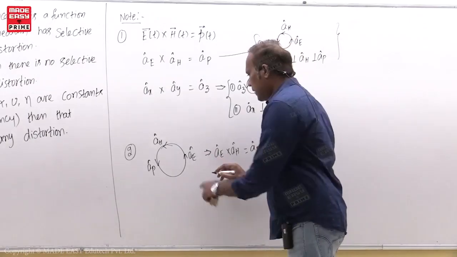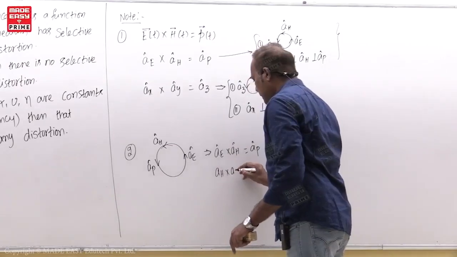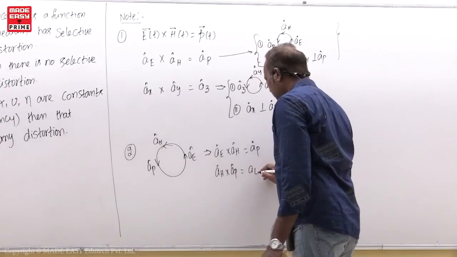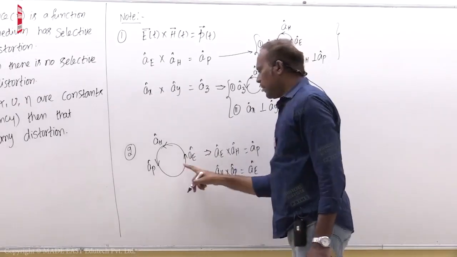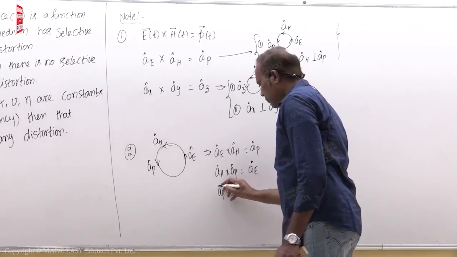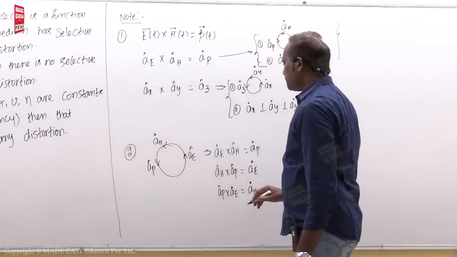If you take aH cross aP, then you get the electric field direction. Similarly, if you take aP cross aE, then you get the direction of the magnetic field actually.